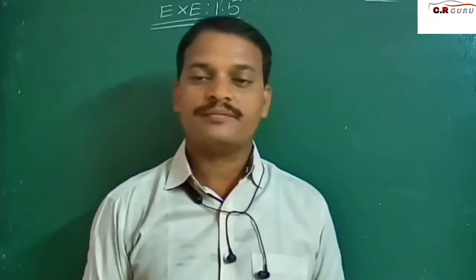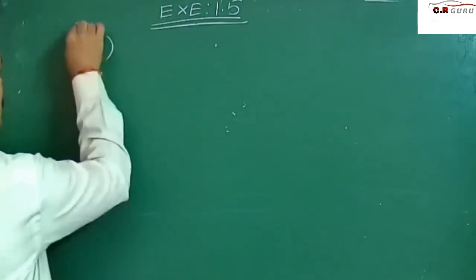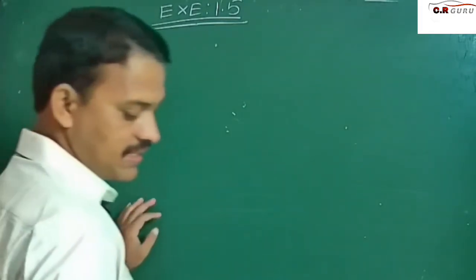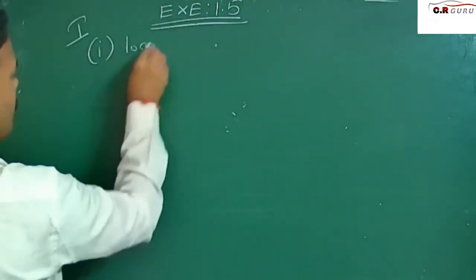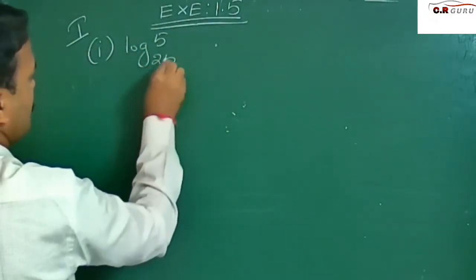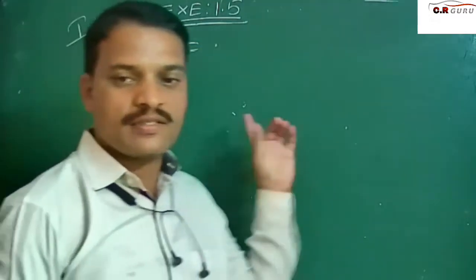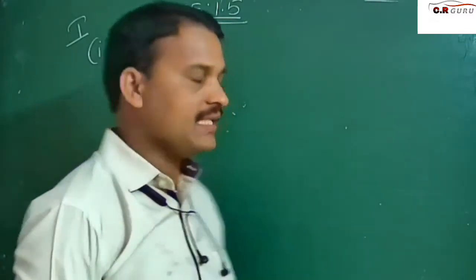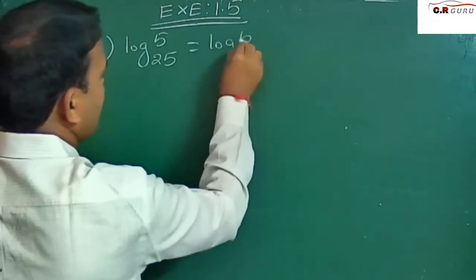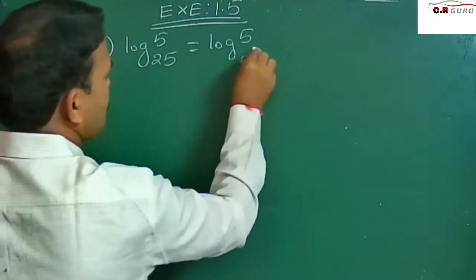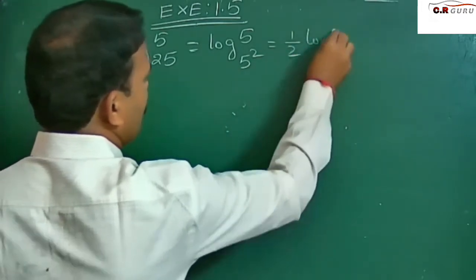Observe properly. The first question is log of 5 base 25. I will say the formulas orally, then write the solutions directly. 25 can be written as 5 square, so this becomes 1 by 2 into log 5 base 5.